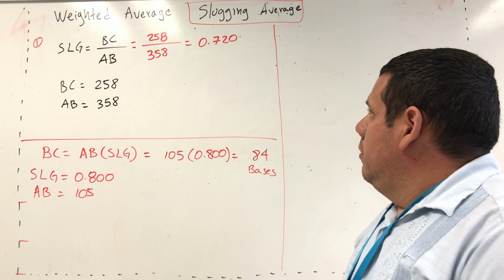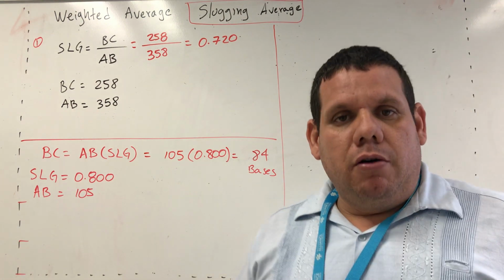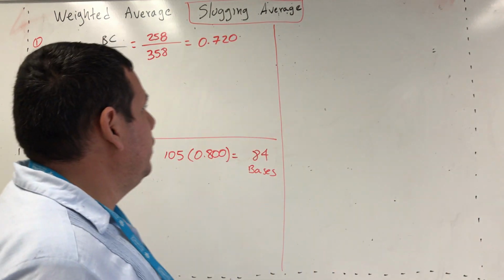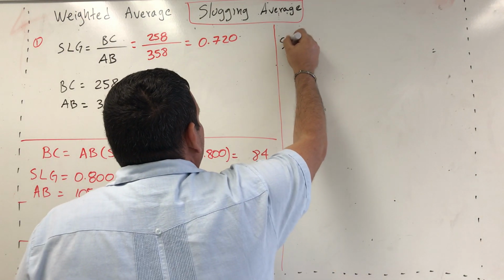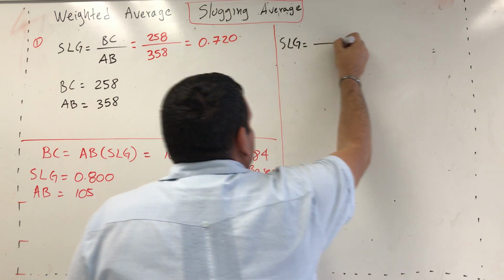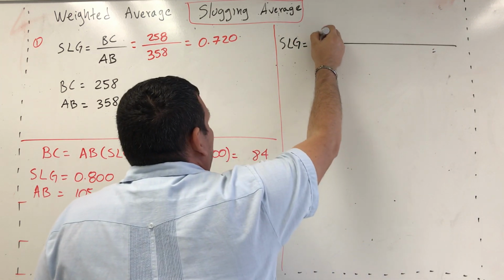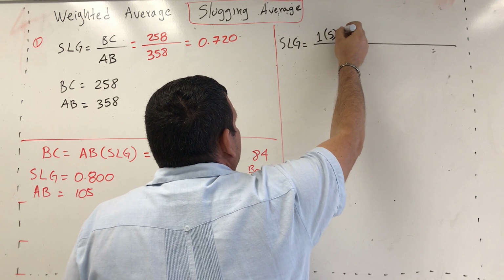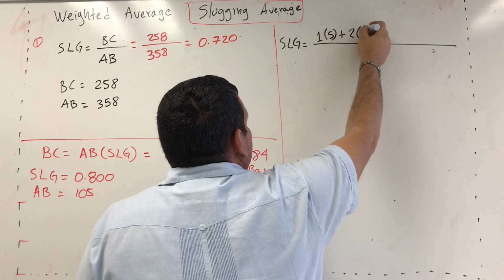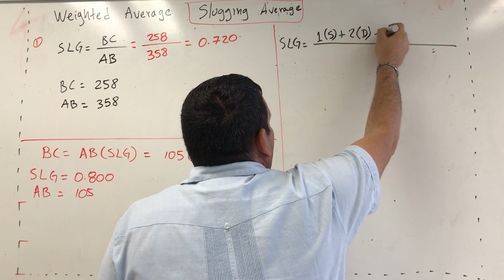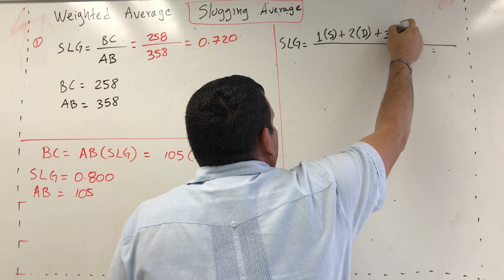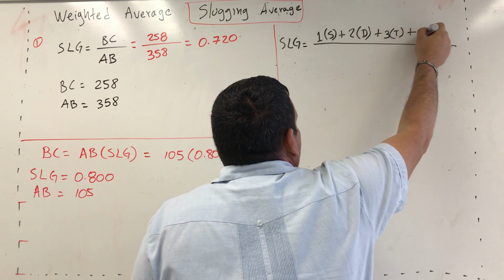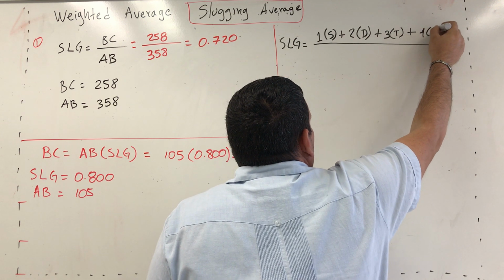All right, the complete or full formula for this slugging average is this: 1 times the singles plus 2 times the doubles plus 3 times the triples plus 4 times the home runs.